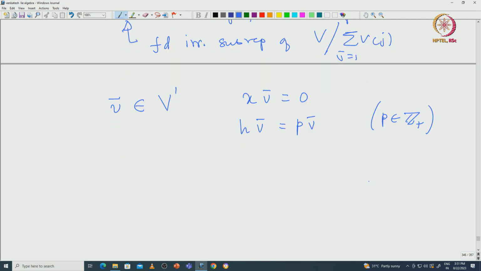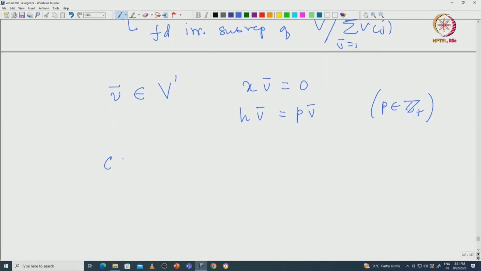Okay. So, now go back to this Casimir element. This is an element that actually maps V to V. Since the summation of V_j is also a submodule, it maps the summation of V_j to the summation of V_j again.